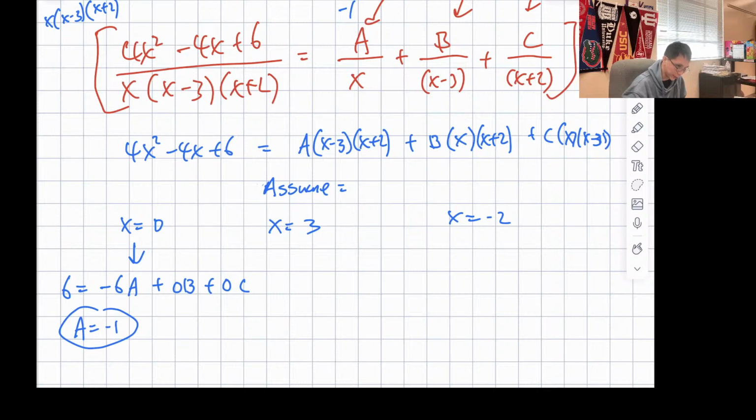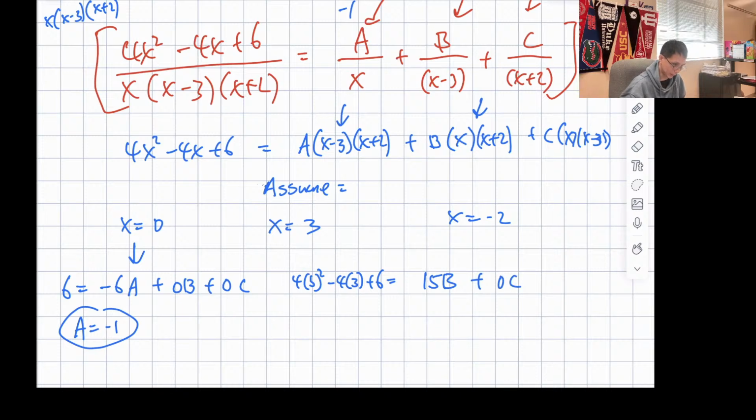So it's 4 times 3 squared minus 4 times 3 plus 6. If I plug in 3 here, 3 minus 3 is 0, and 0 times anything is 0, so there's no more A left, which is great. And if I plug in here, what am I going to get? 15B plus how many C?